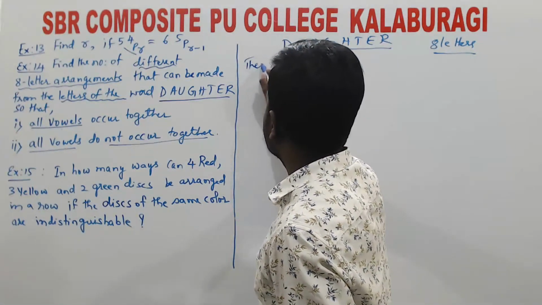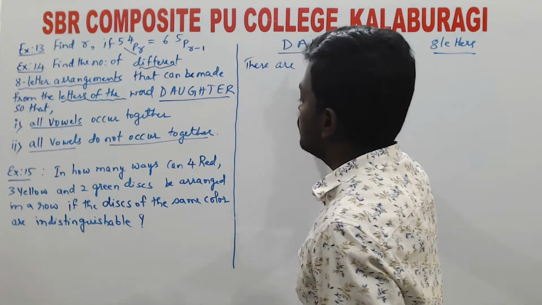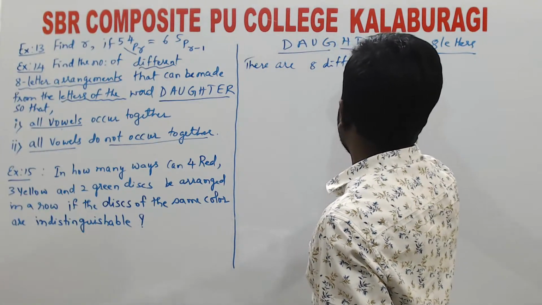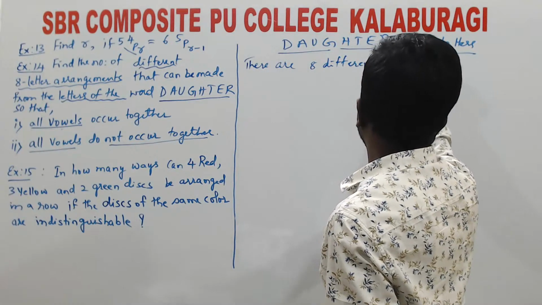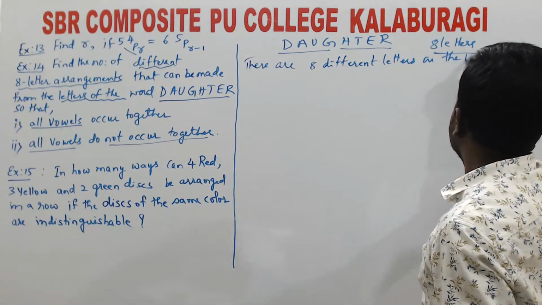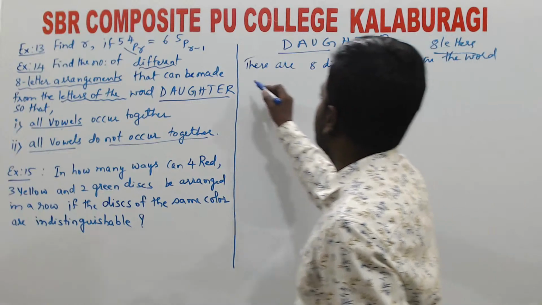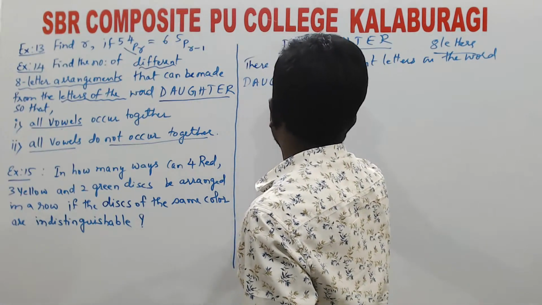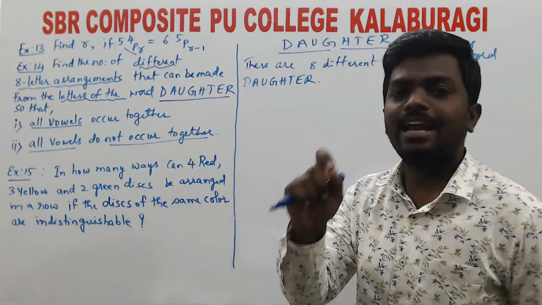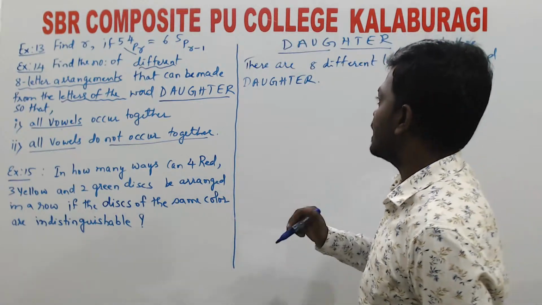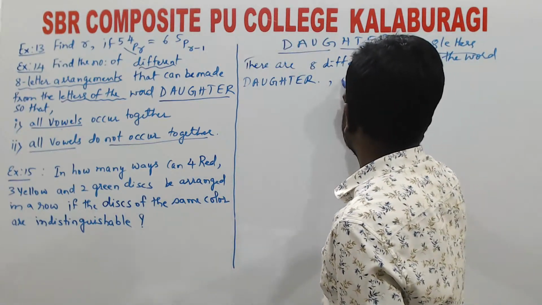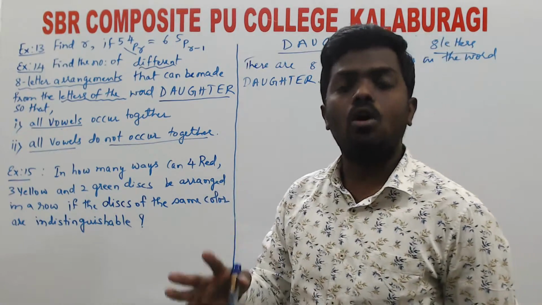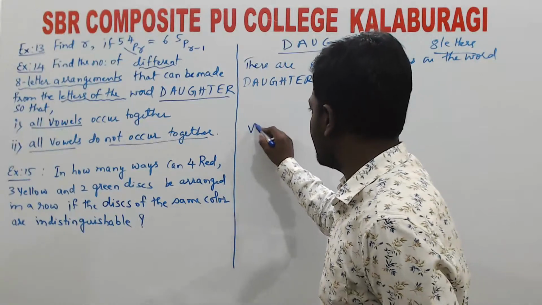So can I say there are 8 different letters in the word daughter? Yes, students, there are 8 different letters in the word daughter. Among which, what are vowels? Let me remind you.